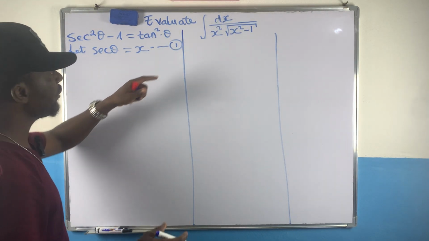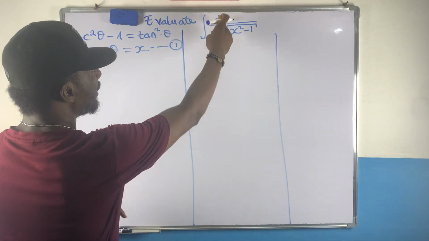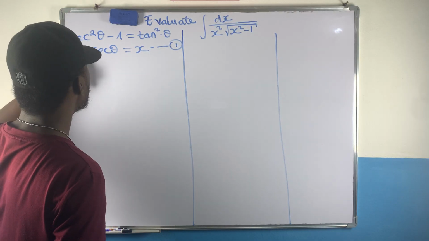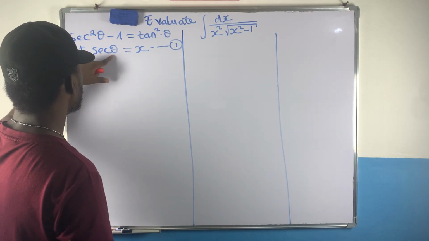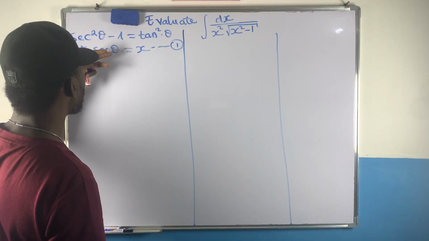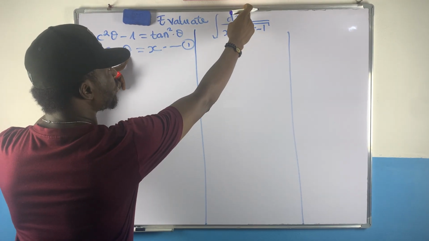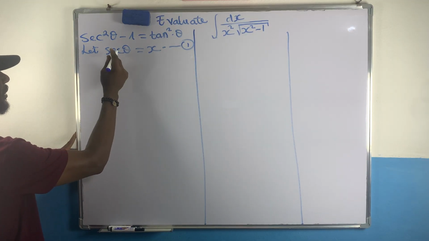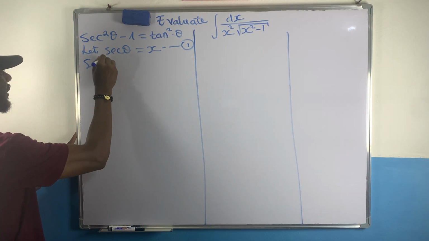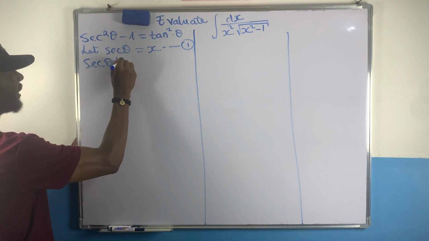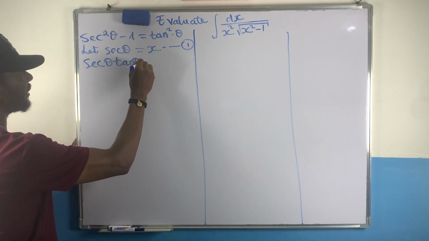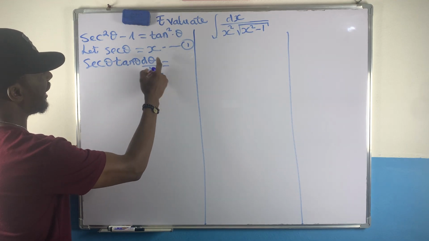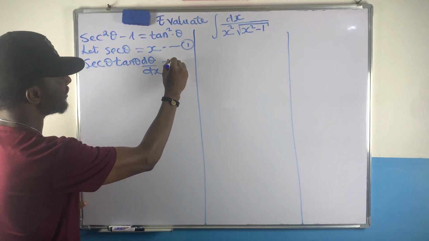Now, like I said, when we are using substitution, since our integral is with respect to dx, we have to differentiate this relationship so that we can have dx here, which will permit us to replace it here. So I will differentiate sec theta. The differential of sec theta is sec theta tan theta d theta, and the differential of x is dx.